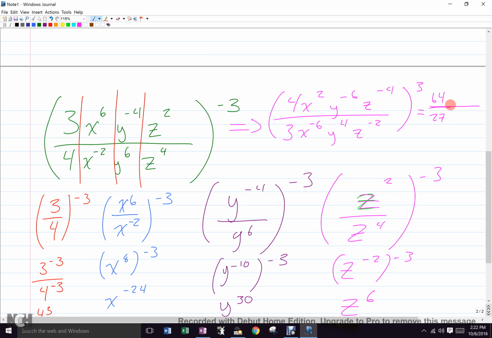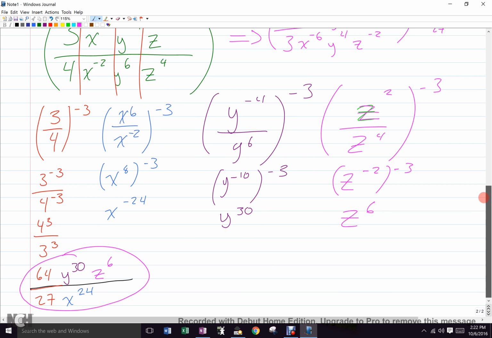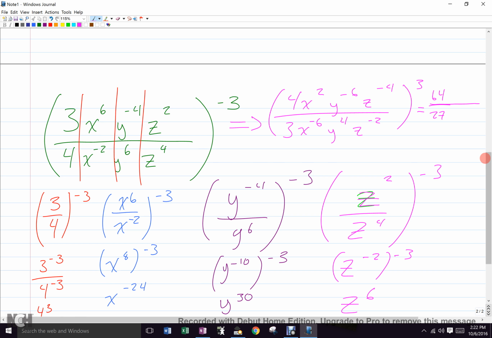Uh-oh. What happened? Well, x is positive 24, so wouldn't it go up top? But didn't x need to be on the bottom? So what does this tell us?